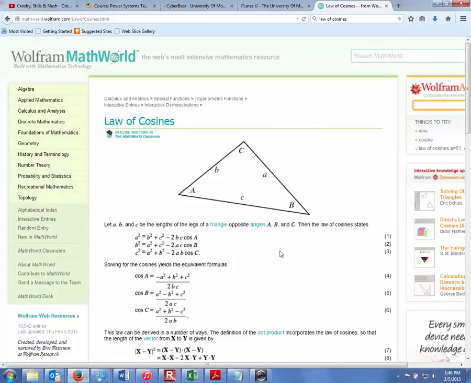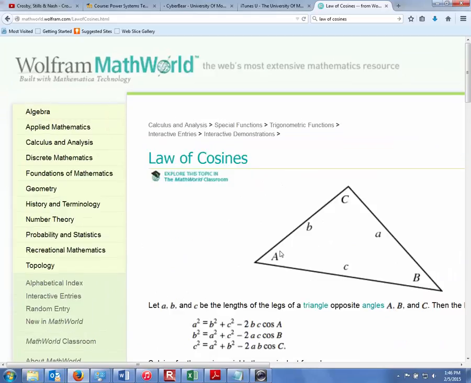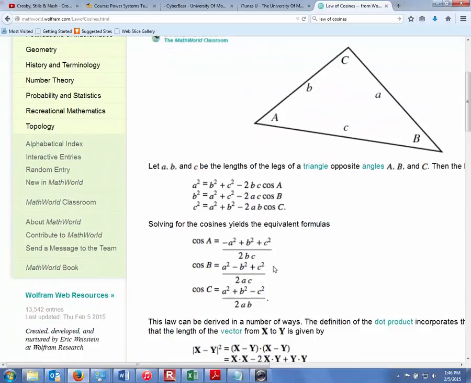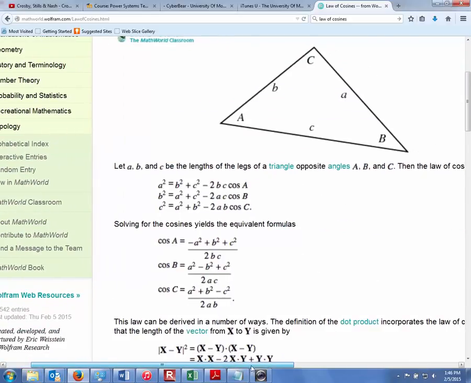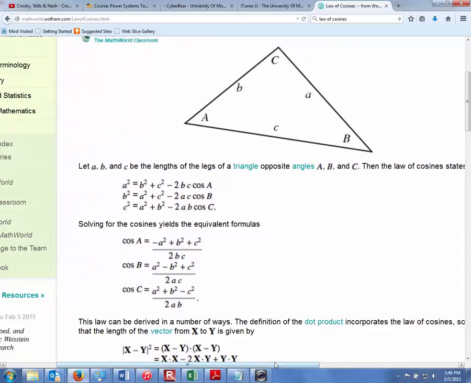So here's the law of cosines, and it looks a lot like the Pythagorean theorem, I think. But let's use it. I'm going to see if I can bust out my little pad here. So we just have to do a tiny bit of algebra on this thing.